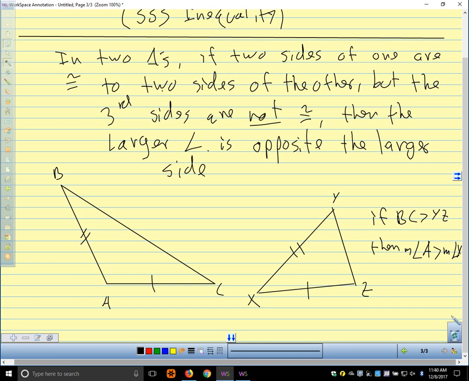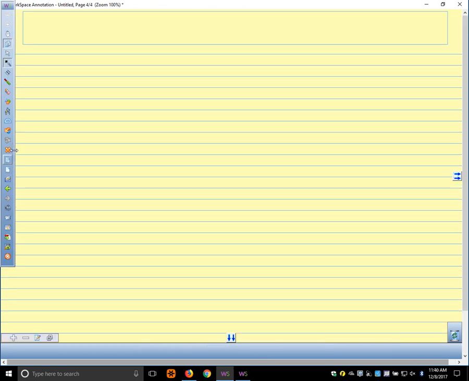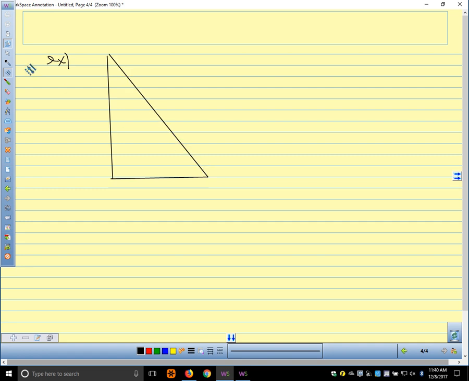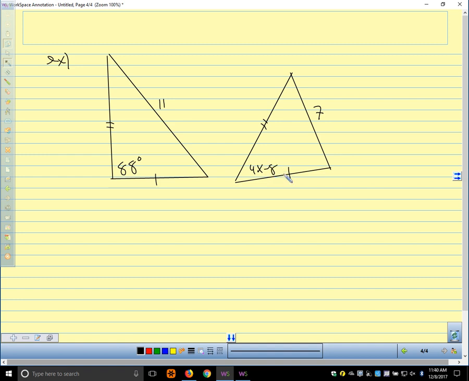All right, let's take a look at an example with the side-side-side inequality, and then we'll be done. This one is very similar to our opener. So in this triangle, this is 88 degrees, and this side is 11. And in this triangle, this side is 7, and this is 4x minus 8.